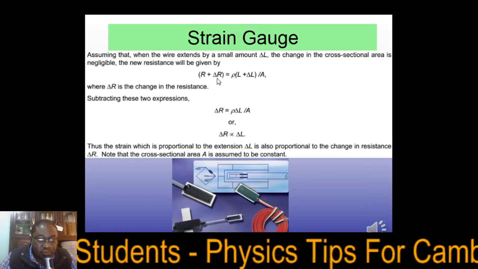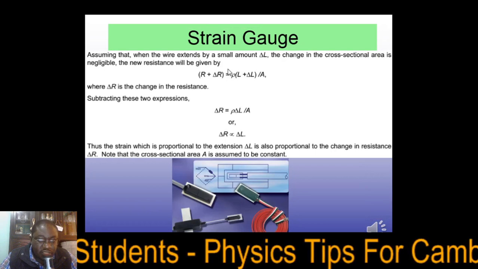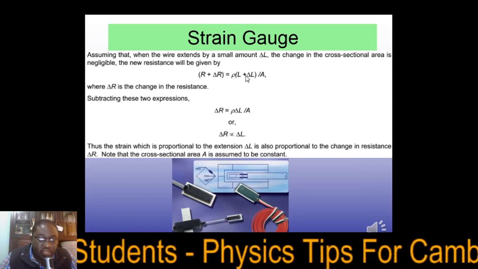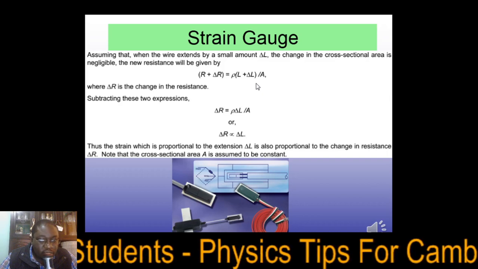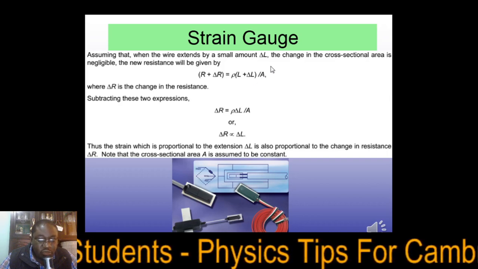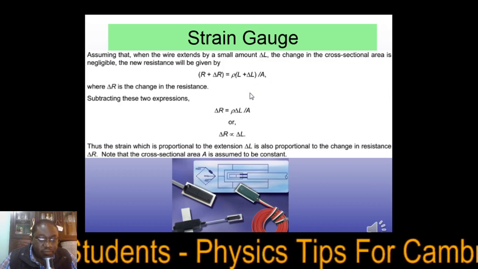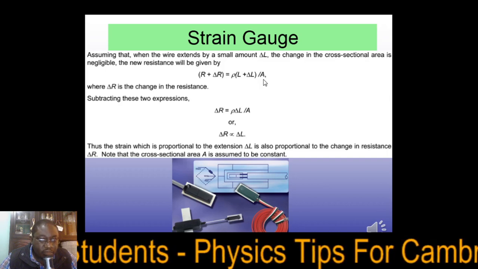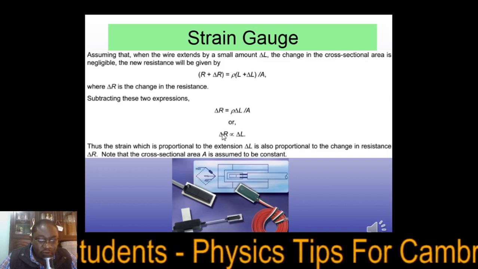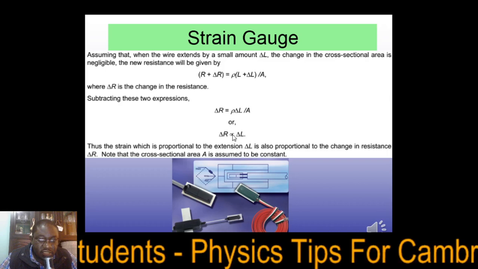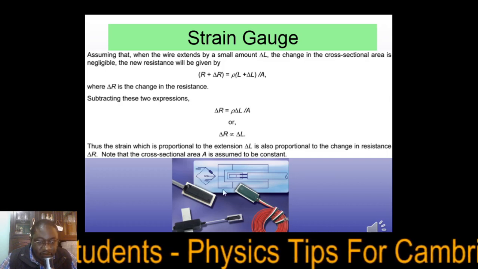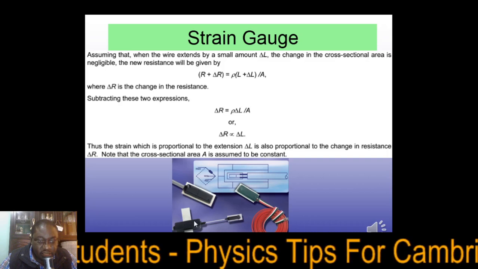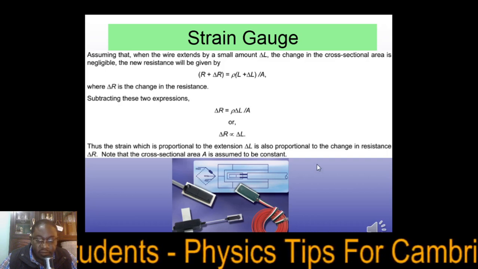Okay, so all this now tells us about the new resistance of the wire and the new length of the wire. So in this case, the area is assumed to be constant. We are going to assume the area to be constant, and then we get change in resistance proportional to the change in the length. Now, these are types of strain gauges that you can find.